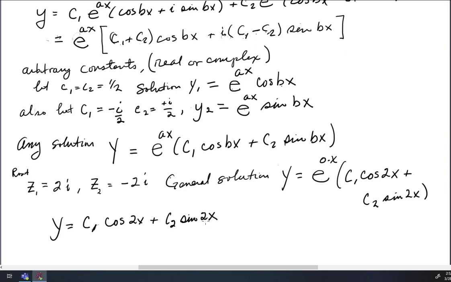And that gives us a general solution to the differential equation y double prime plus, forgotten what the equation we were solving was, plus 4y equals 0.